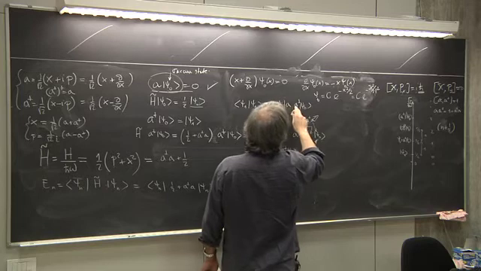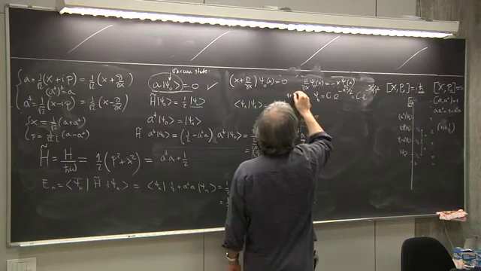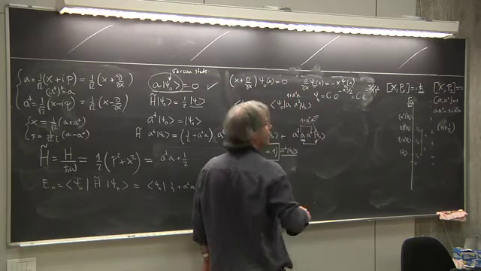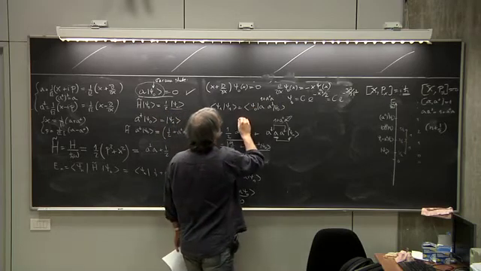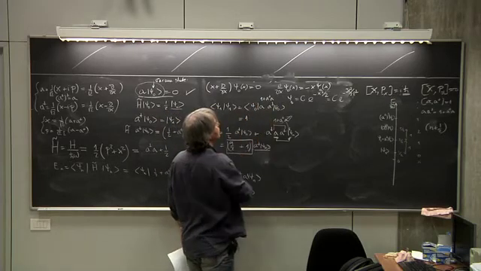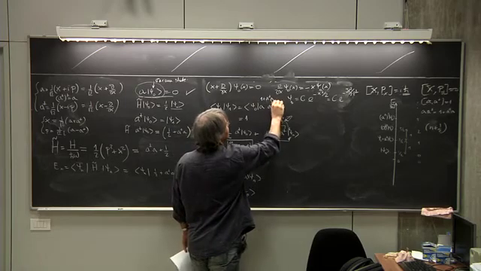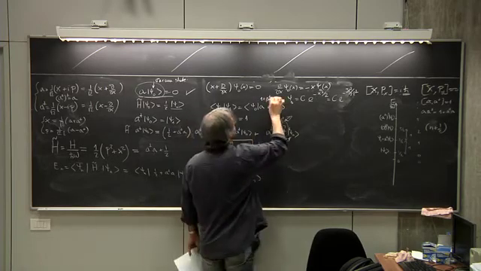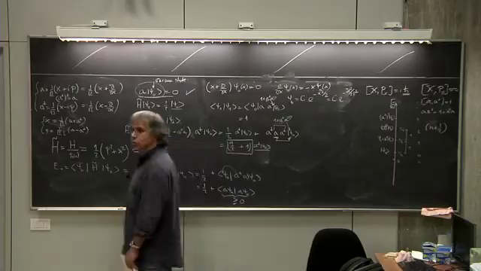But A A dagger is equal to 1 plus A dagger A. The 1 gives you 1, because psi 0 is normalized, and A dagger A, acting on psi 0, gives you 0 again. So this is also normalized.